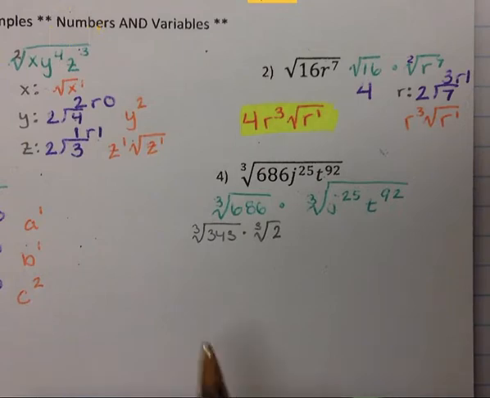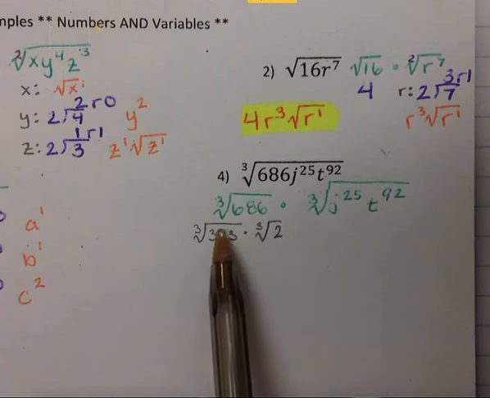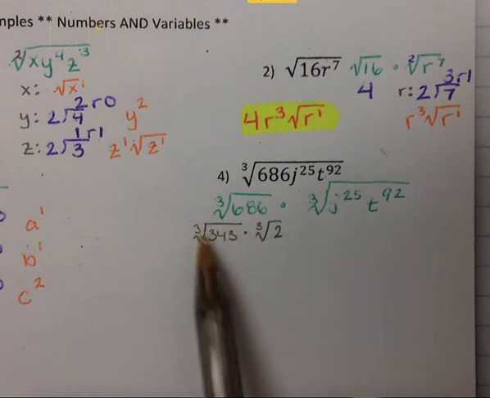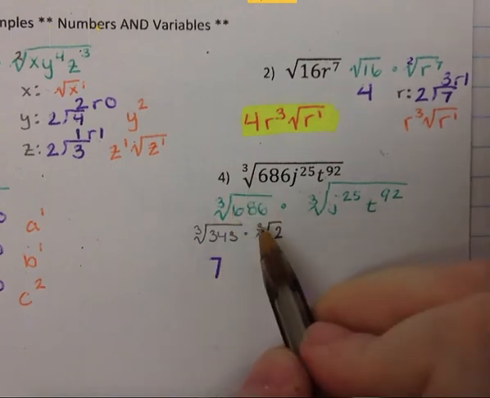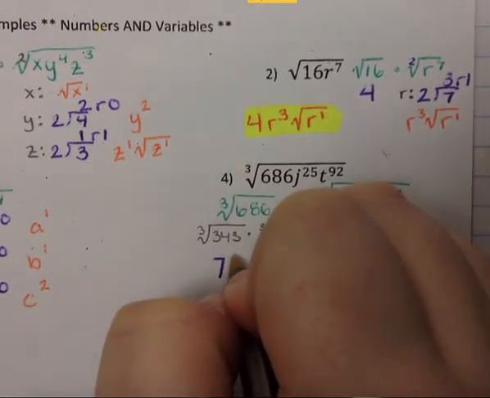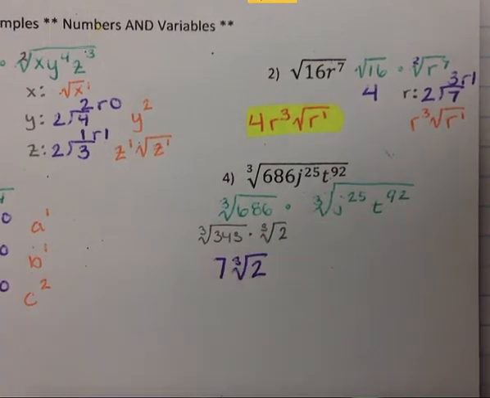So our numbers, again, we have to make sure we keep our index. We cannot drop off our index. The cube root of 343 is 7. And then we're left with the cube root of 2. So we have simplified our number. Make sure you're careful about writing that index. Otherwise, it becomes a square root, and we're not allowed to do that.